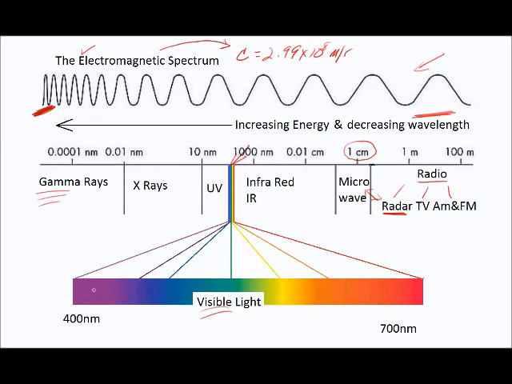But let me point out, if you think of this visible light, there are not just certain colors. There is almost an infinite variety of wavelengths between the red end of the spectrum and the violet end of the spectrum.